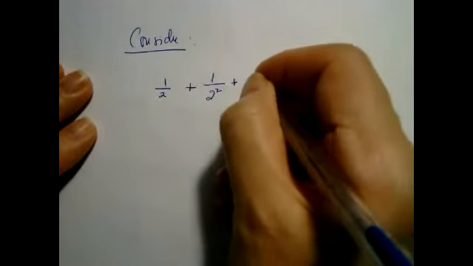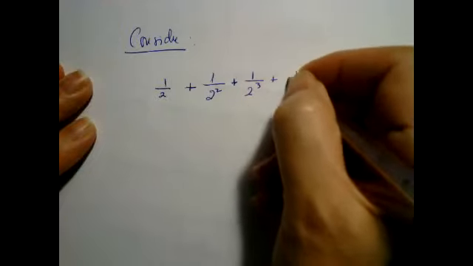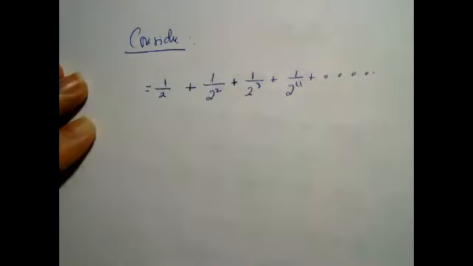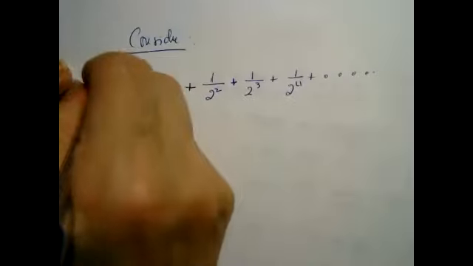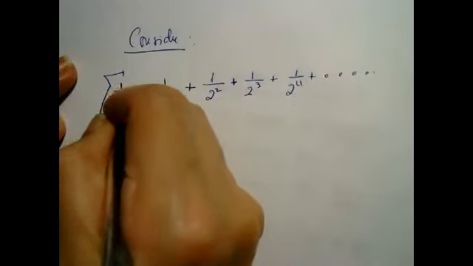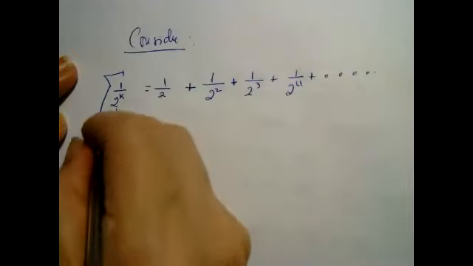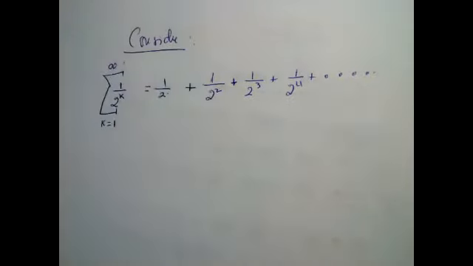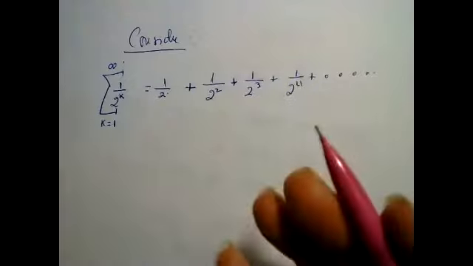Suppose I'm going to add 1/2 plus (1/2) squared plus (1/2) to the power 3 plus (1/2) to the power 4, etc. In sigma notation, this becomes the sum of terms of the form (1/2) to the k, where k goes from 1 all the way to infinity. The question is, what does this sum mean? The meaning we're going to give to the sum is the following.